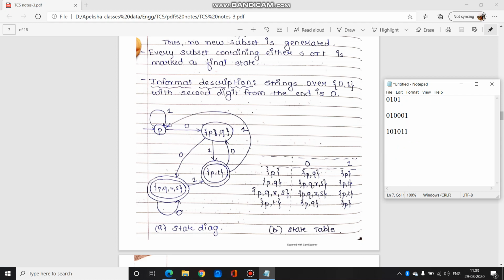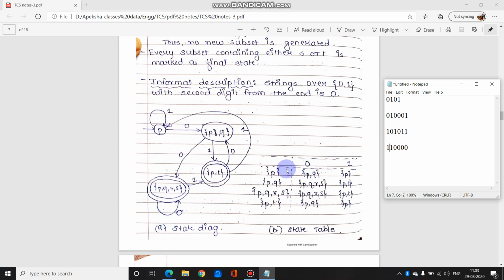Let us consider one more example. So I have 1 1 0 0 0. So an input 1 will be over here. Next input 1 is again over here. Then we have 0. So that is going over here. Then we have 0 which is going over here. Again 0, again 0, same state. Correct?